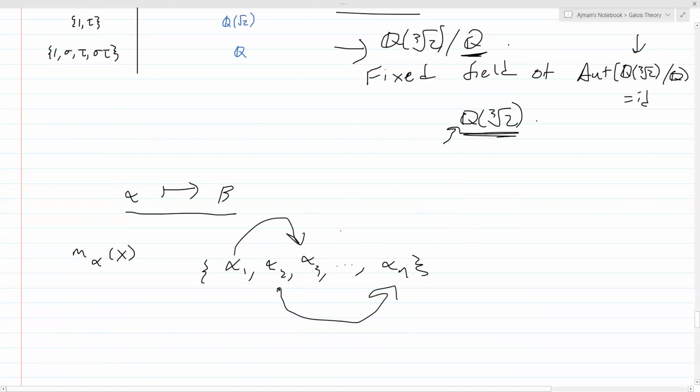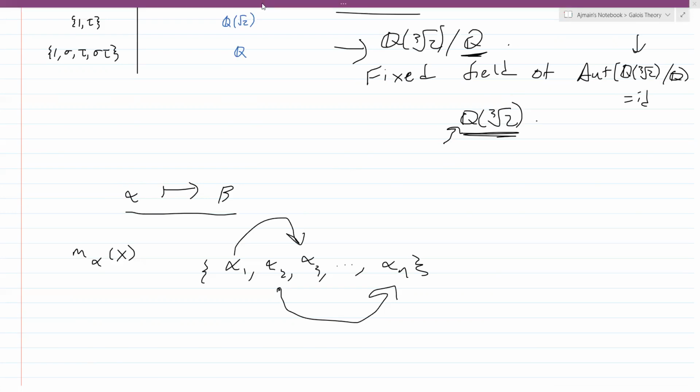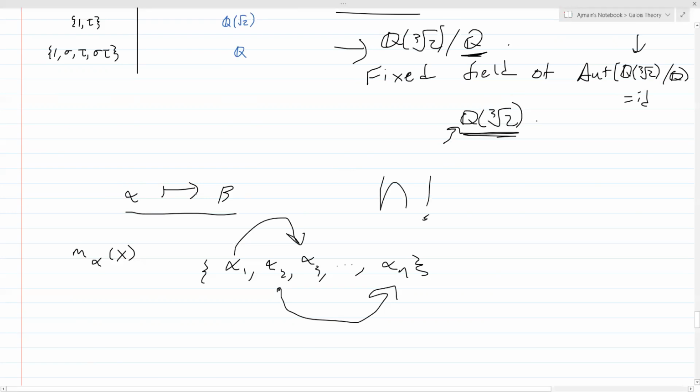But what it means to be a general permutation of the set means you can choose where alpha 1 goes and you can choose where alpha 2 goes, right? So there are n factorial permutations, but sometimes that's more than the number of automorphisms that you can choose.